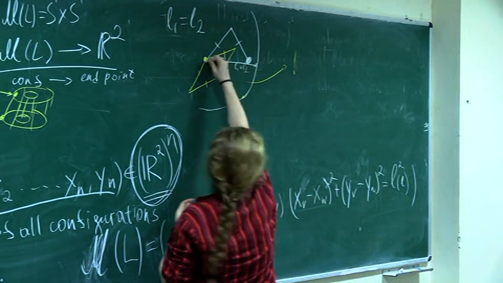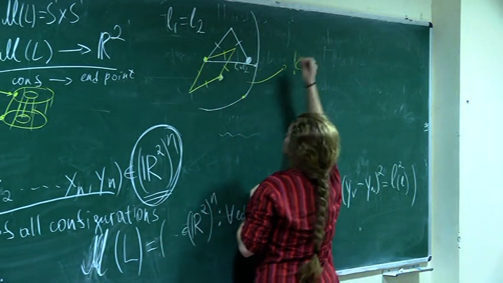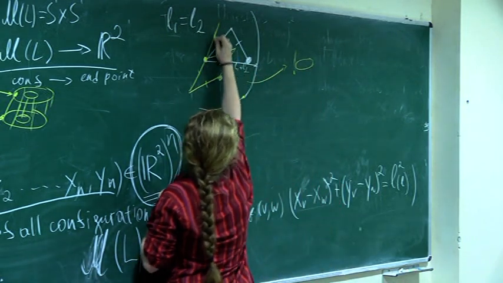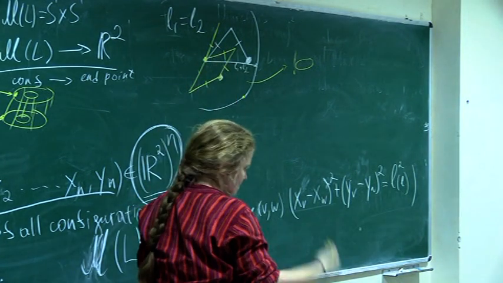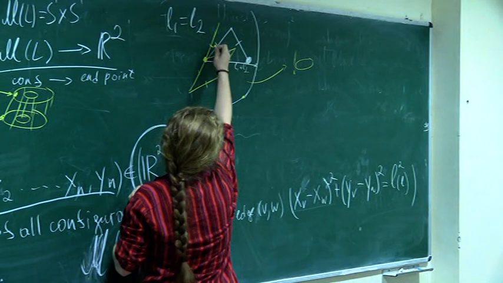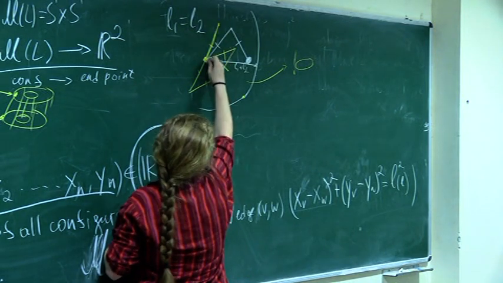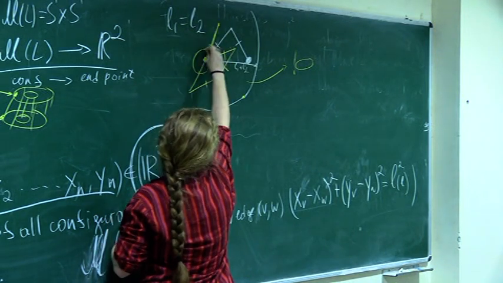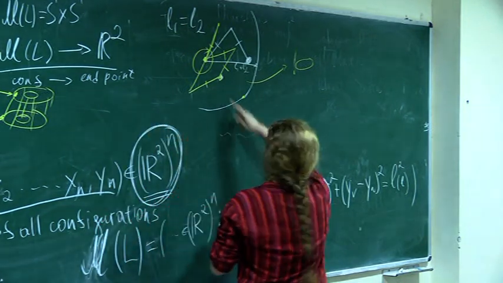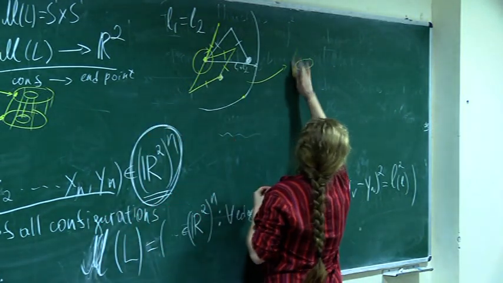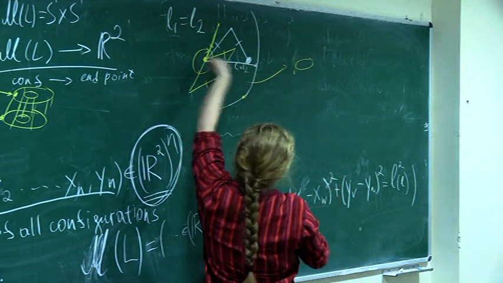The pre-image of this point is a circle, because we have this degenerate aligned configuration. If one bar lies on top of the other, then it can just revolve the whole circle around the beginning, around the 0. So the pre-image of this point is a circle.